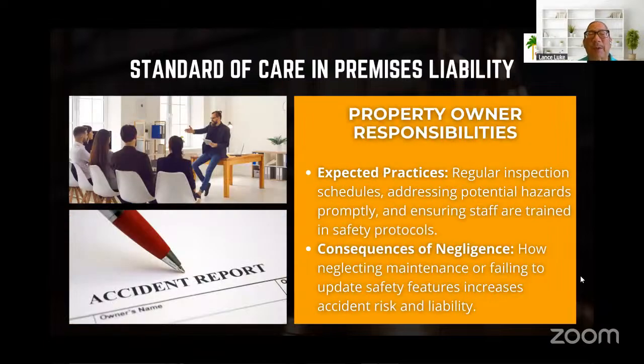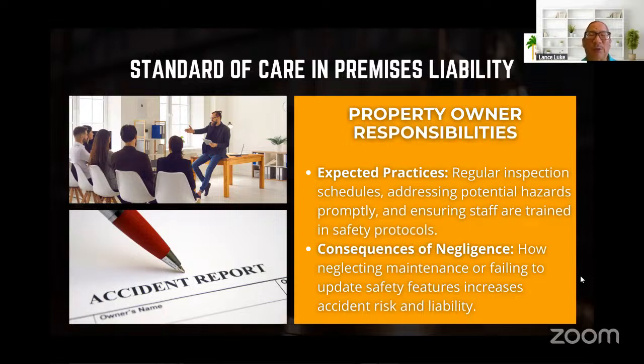Okay, who's responsible for maintaining property? The primary person responsible is the owner, right? Secondary, the owner hires managers, property managers, site managers, resident managers, general managers, someone who's managing the property.